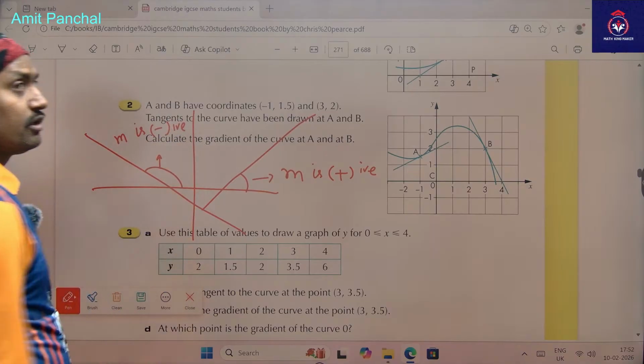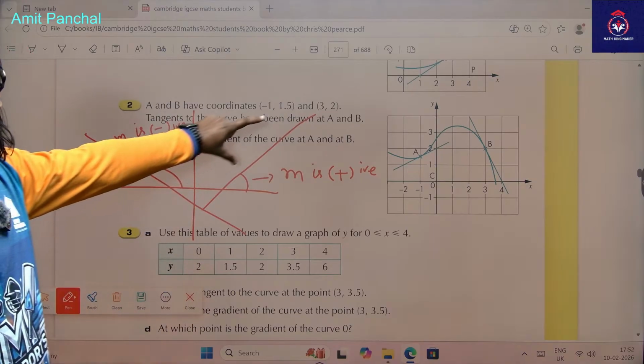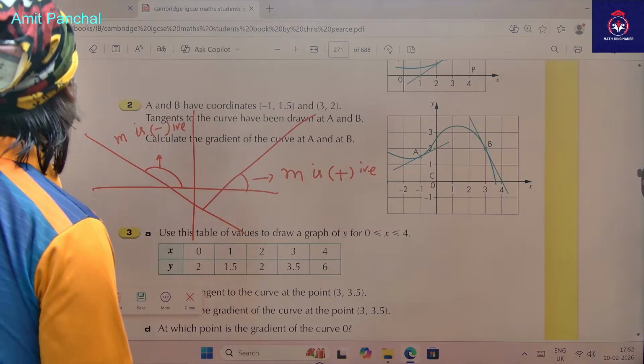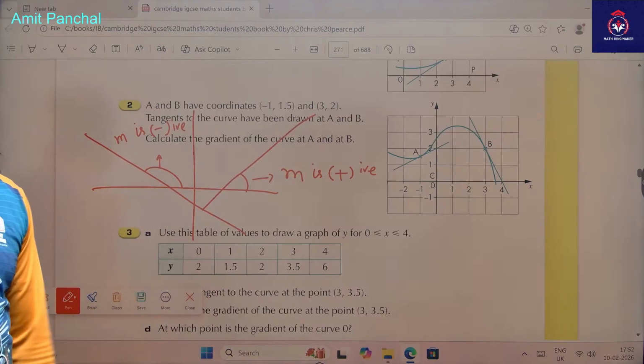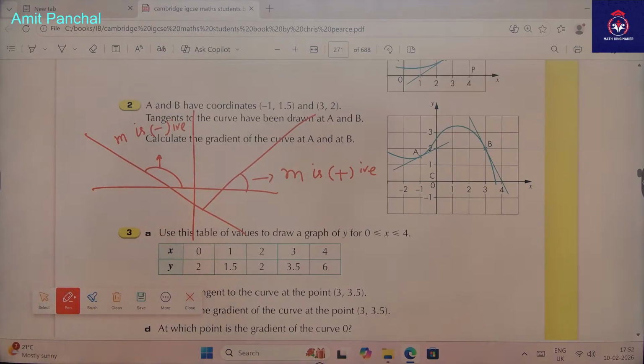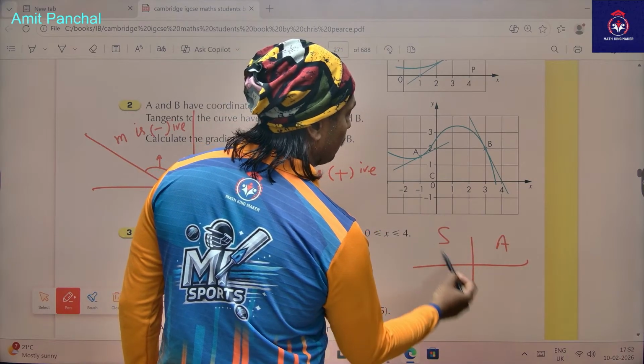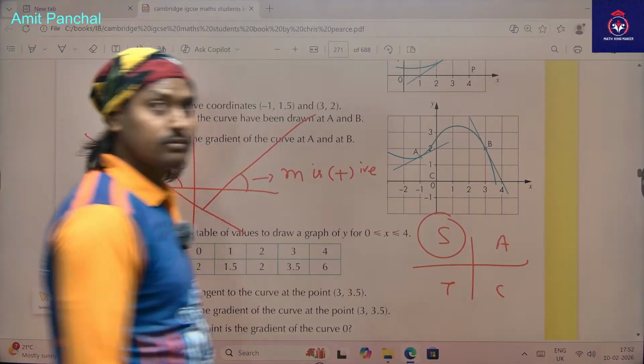Why is it negative? Because if theta is acute, then tan theta will be positive, isn't it? And if theta is obtuse, what does it mean? Tan is negative in the second quadrant.